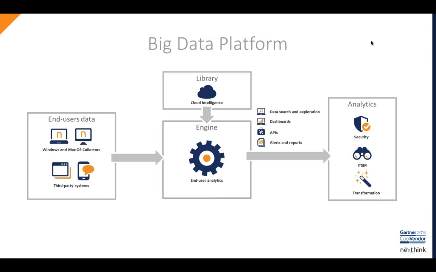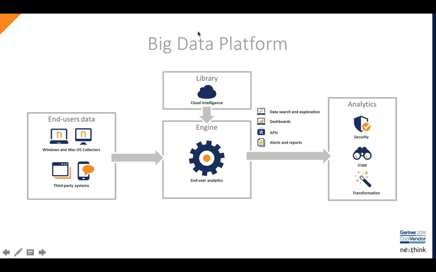To give you an idea, the biggest customer of Nexthink, as a reference, is the Ministry of Defense of France, and they actually monitor 250,000 machines. All the information of those 250,000 machines is gathered into one single place. So a small team of people can figure out the entire usage of the complete environment of the Ministry of Defense of France.